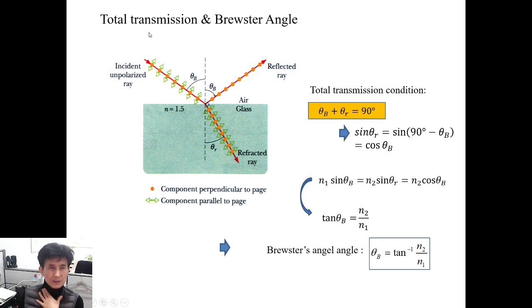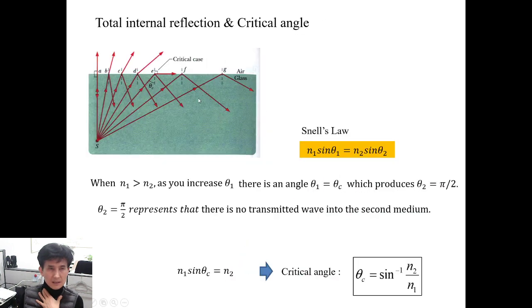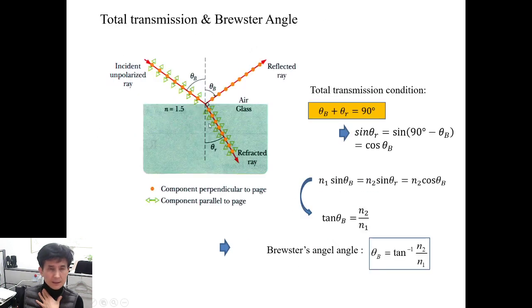That's a perfect transmission, or total transmission, whereas there is total reflection for the critical angle, and there is total transmission for the Brewster angle. And total transmission only happens for light whose electric field is oscillating along the green arrow direction, and this is called a P wave.